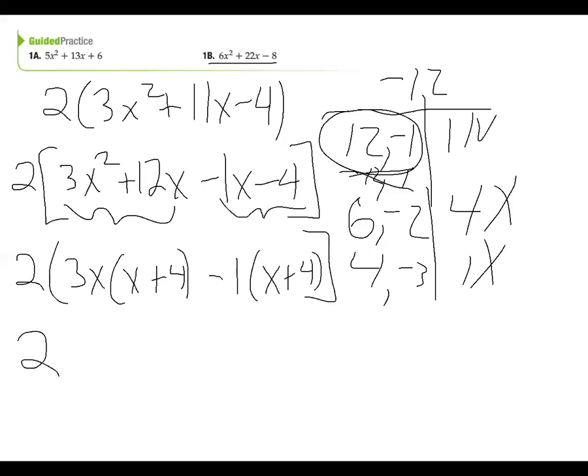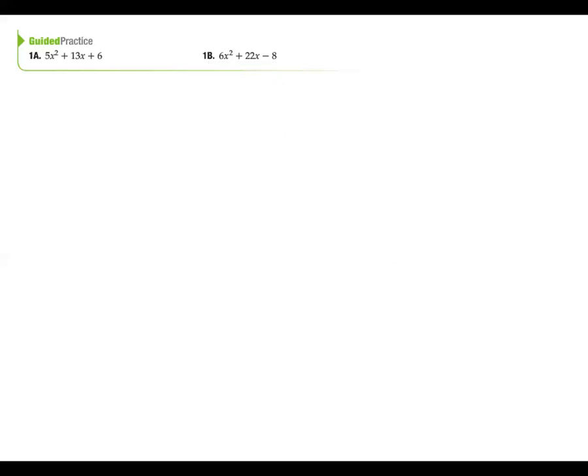So this would be 2 times 3x minus 1 times x plus 4. Okay, don't forget to write the 2. When students factor out the GCF, if there is one, lots of times they forget to put it in their answer. Okie doke? All right, sometimes the coefficient of the x term is negative.